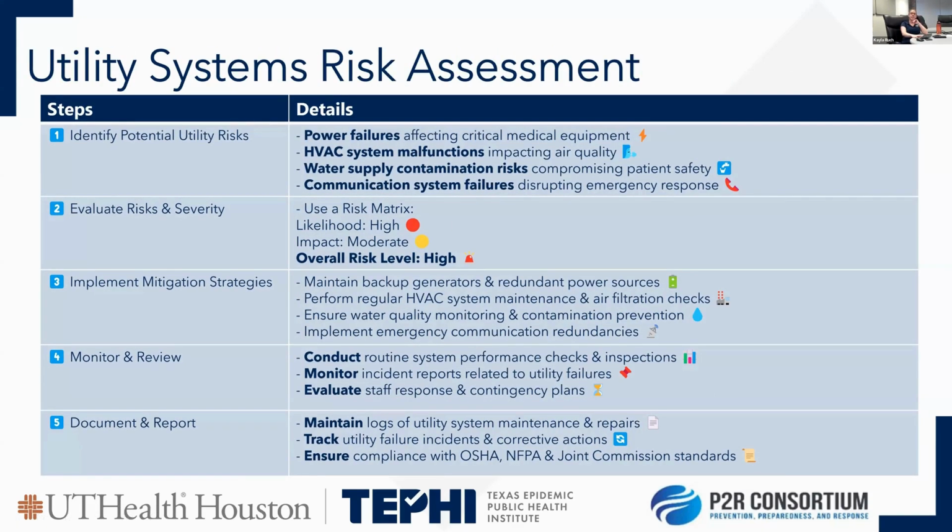Next, for the utility systems, making sure that our water, power failures, and HVAC systems are all set up appropriately. There are no failures, and we know what to do if there is a failure. We're evaluating our risks and implementing our mitigation strategies. So for our backup generators, you are doing routine HVAC system cleaning and maintenance. If you're not sure how that is done, make sure you ask your engineering or facility folks what type of schedule they have and how it is being documented.